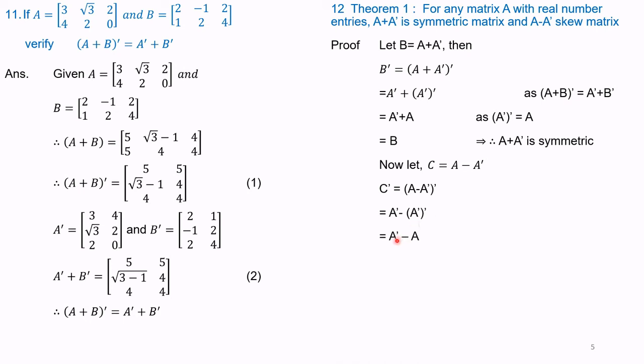Therefore, it is A dash minus A. That is, (A dash) within bracket to the power of dash is A. Therefore, if we take minus sign outside, this becomes minus of (A minus A dash). That is nothing but minus C. Therefore, C dash is equal to minus C. Hence, A minus A dash is a skew matrix.